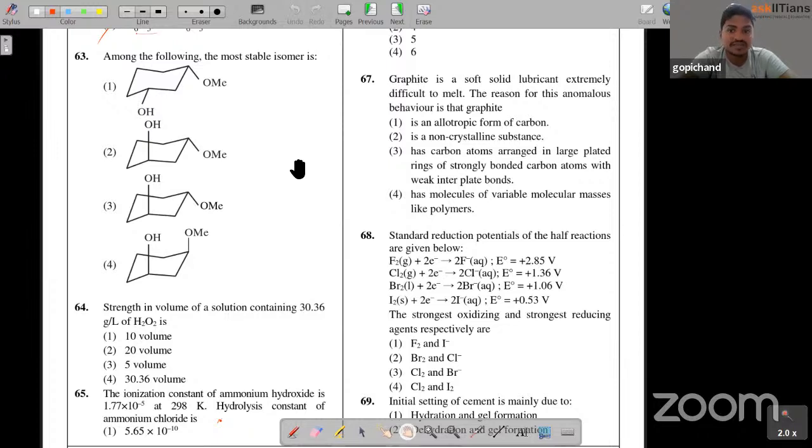But the interesting fact here is that you have to watch the substituents and the alcohol group. If you find any intramolecular hydrogen bonding, that compound will be more stable. So try to see whether intramolecular hydrogen bonding is possible or not in each case.